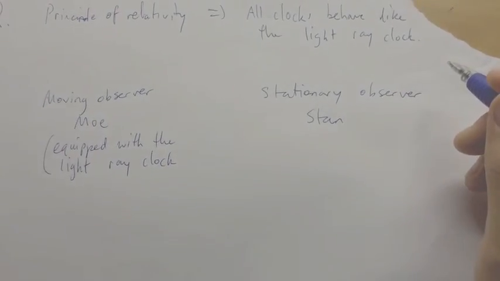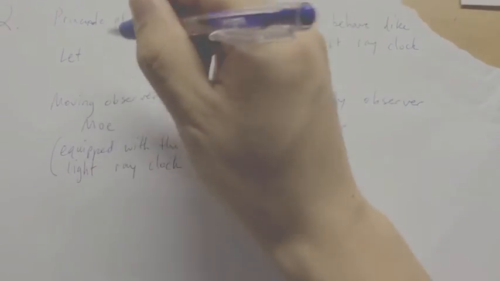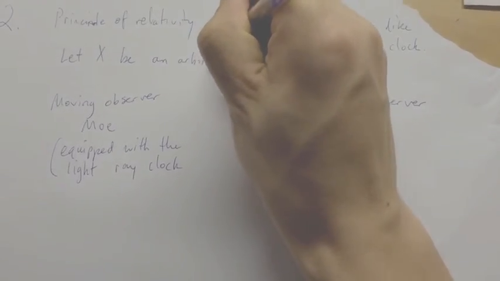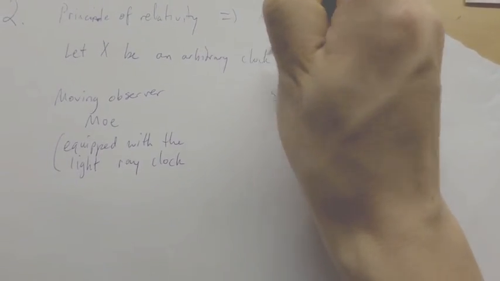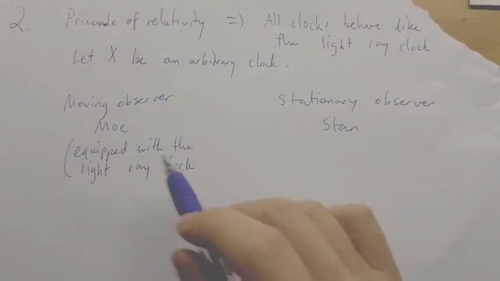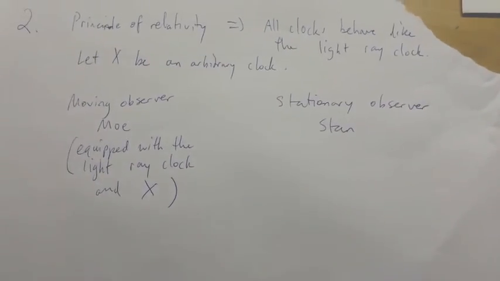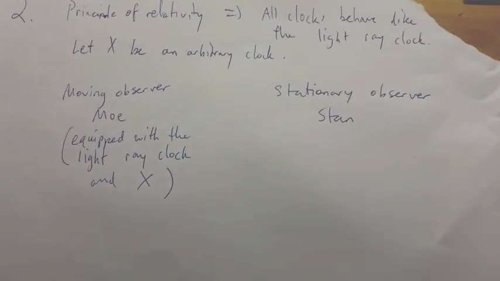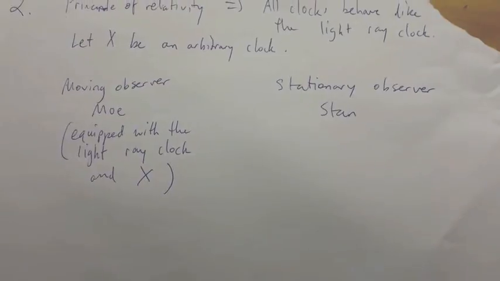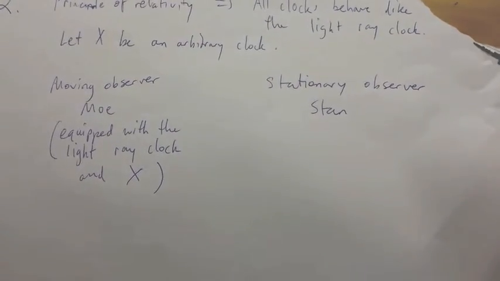Okay. And so let's start our argument. The argument starts with: let x be an arbitrary clock. So if we show it's true for x, then we'll show it's true for all clocks. So Mo is equipped with the light ray clock and x. Stan is just equipped with some clock that he used to time all these other things before.